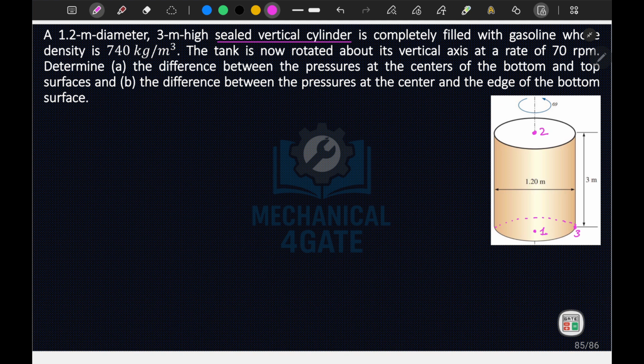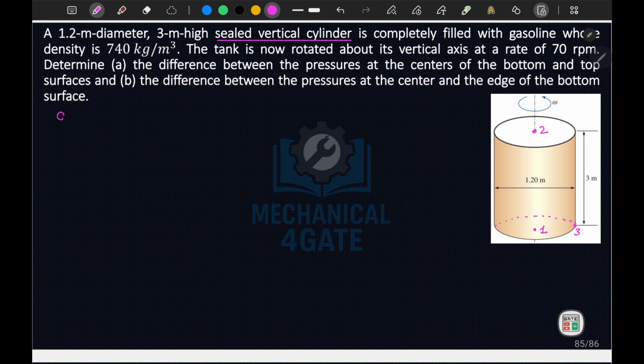Now if I want to calculate the pressure, as I mentioned earlier, we directly write the standard equation, that is dP is equal to rho r omega square dr minus rho g dz. This is your r and this is your z.